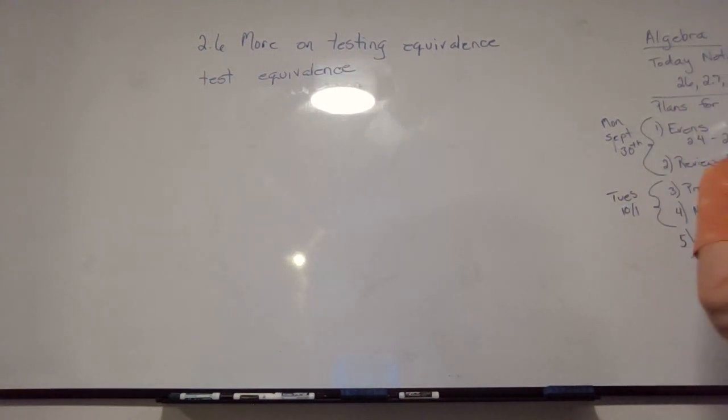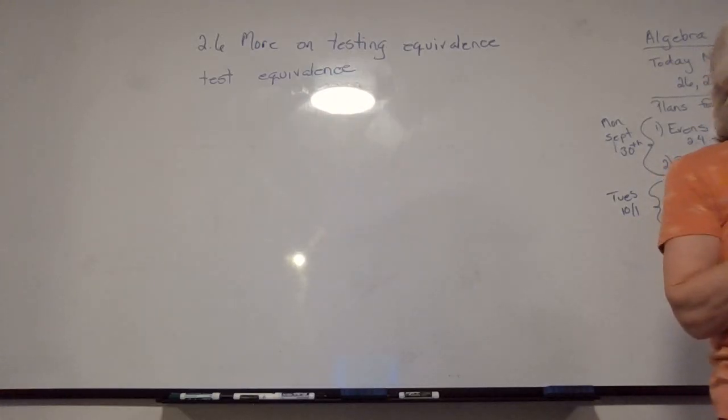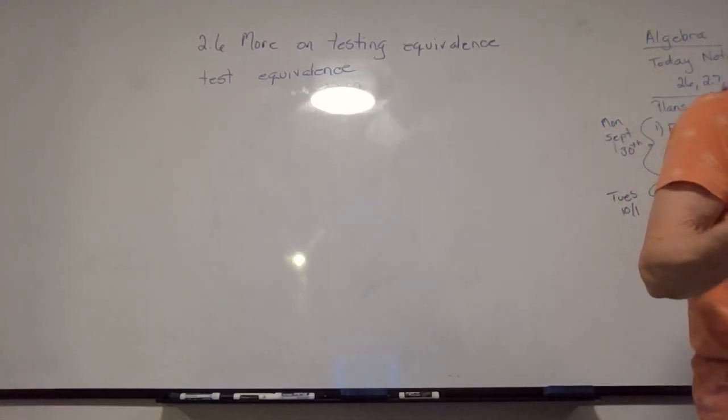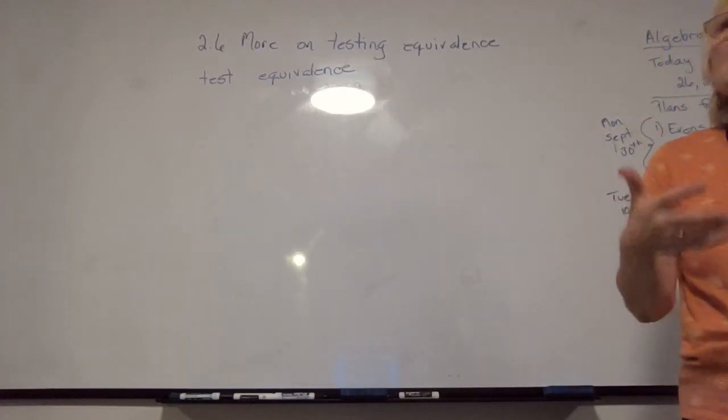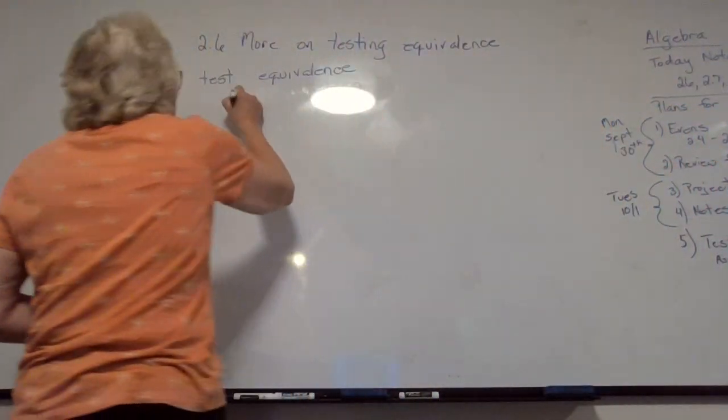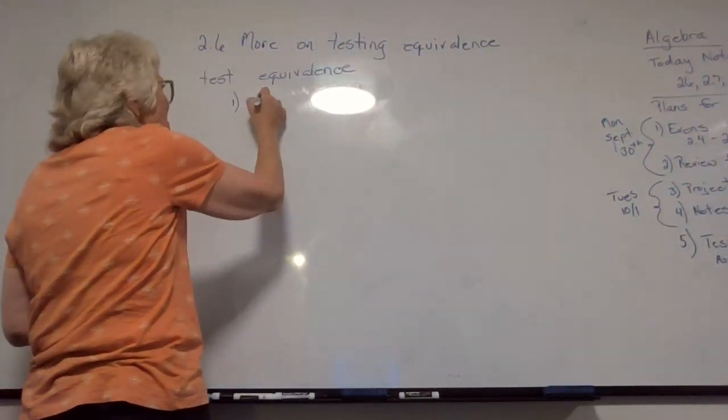Yes. Seeing if the two expressions equal the same thing. Yeah, you put values in for the variable and check to see if they give you the same answer. So one way is making a table.